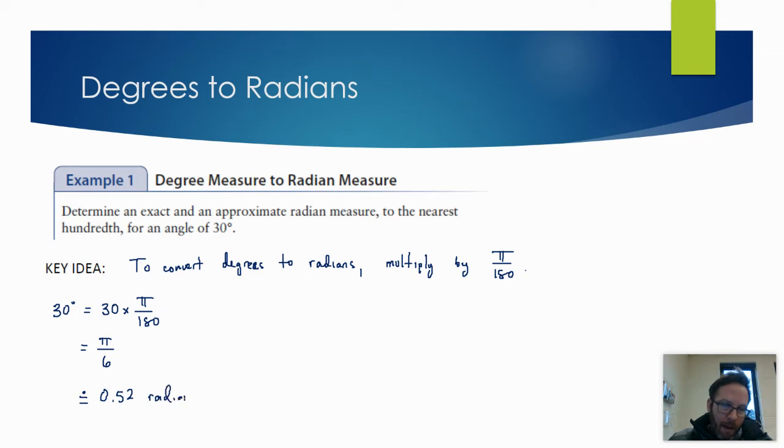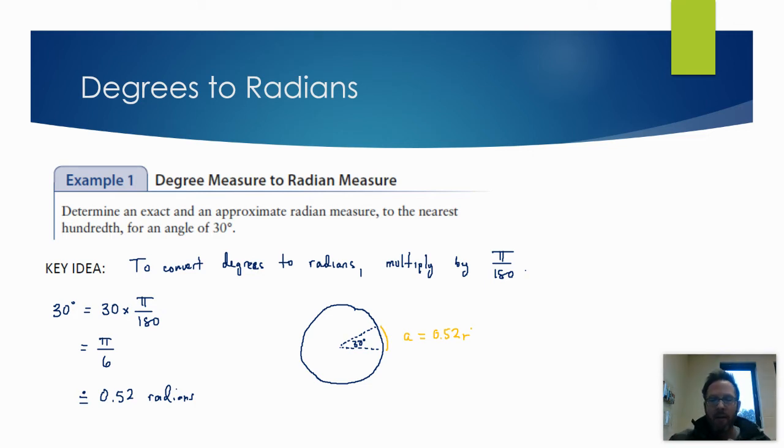And since I have some space on this slide, I can talk about what this means. Say we had a circle. What does 30 degrees mean? If I had this wedge formed by a 30-degree angle, then the length of this arc right here would be equal to about 0.52 times the radius.